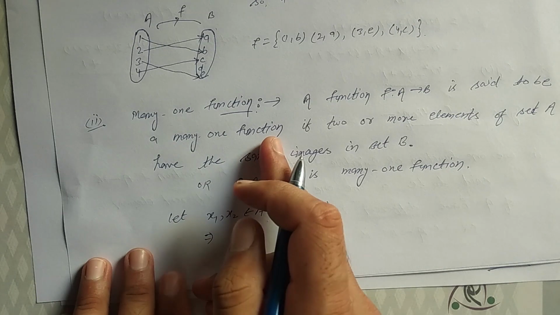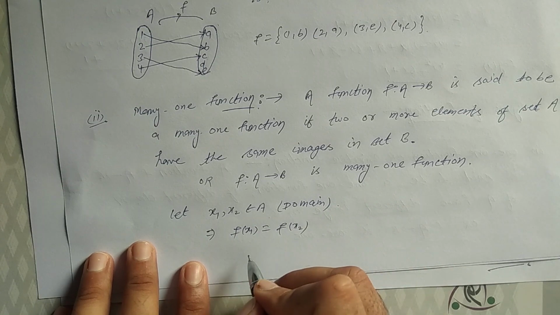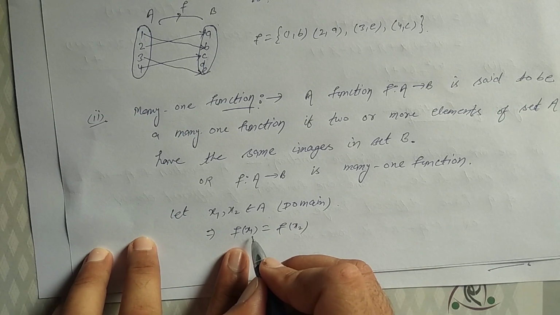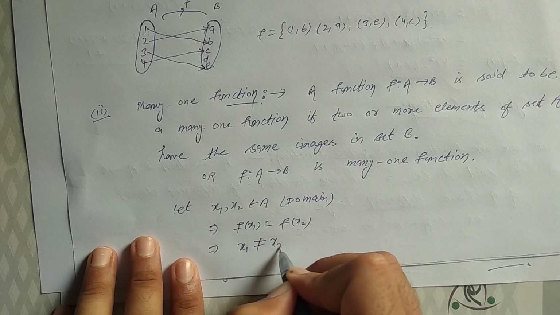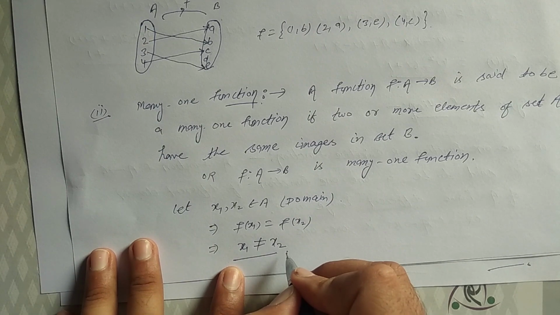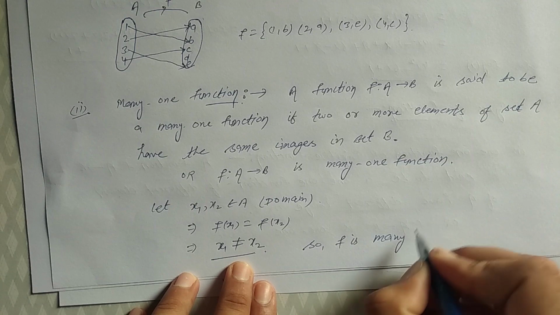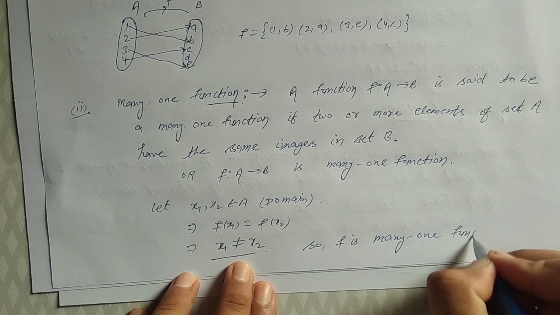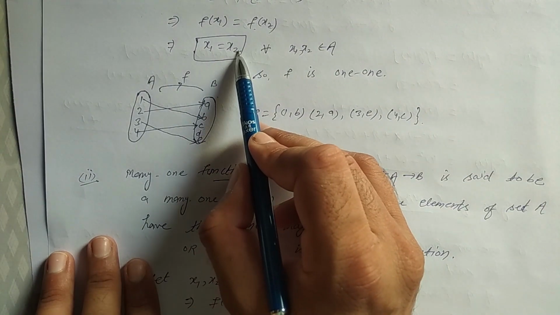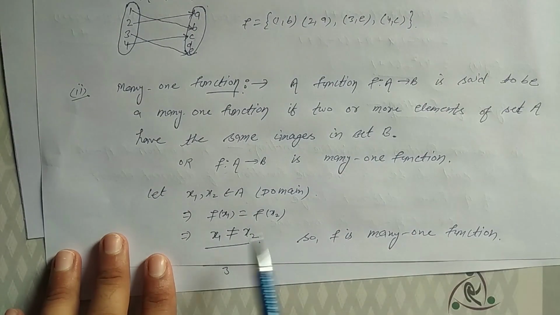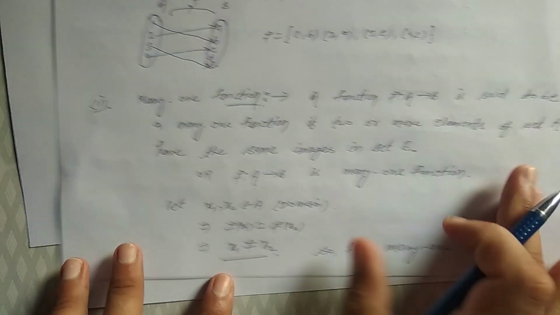Definition of many-one function: f(x1) = f(x2), the value of function f at point x1 equals the value at point x2, implies x1 is not equal to x2, so f is a many-one function. If the elements are equal, x1 equals x2, then f is one-one, but if the elements are not equal, x1 not equal to x2, then f is not a one-one function.